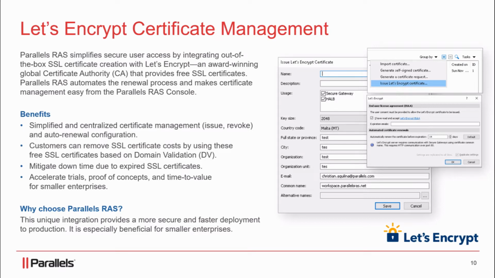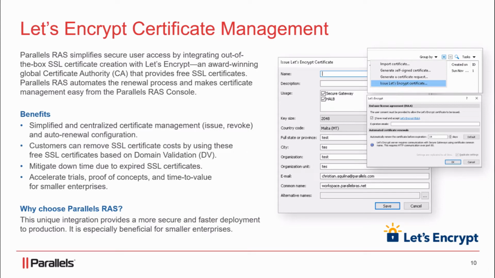We can automate the renewals, the issuance, the revocations, all of it from within the console. This is a huge benefit for smaller organizations that may not want to spend the money with the larger certificate authorities out there. This gives them the ability to have the security that certificates offer for free.